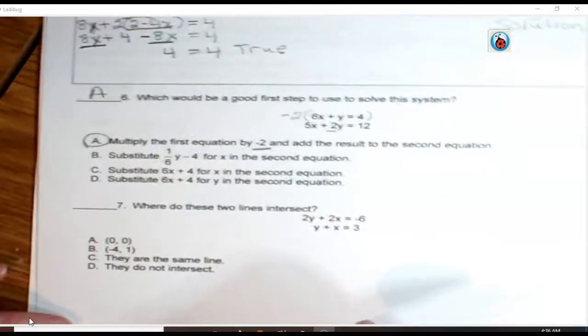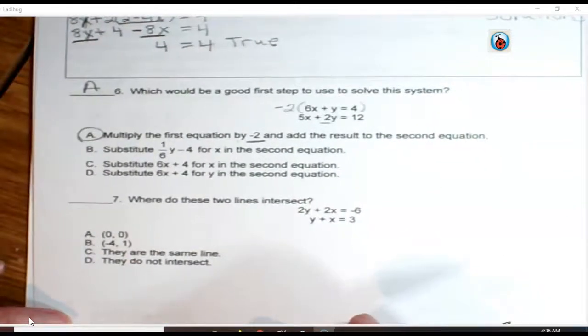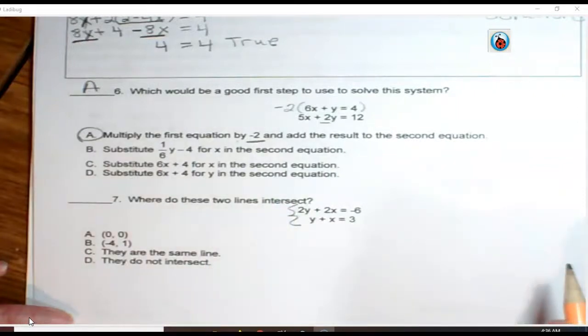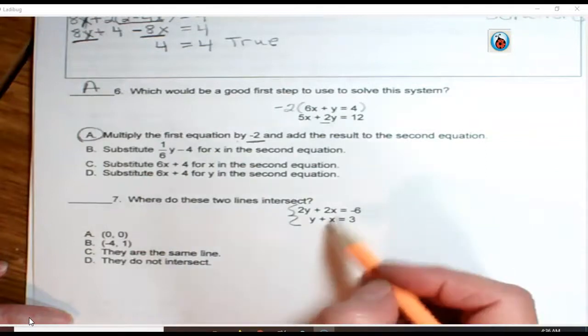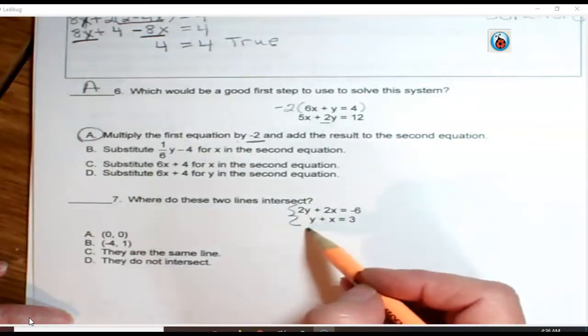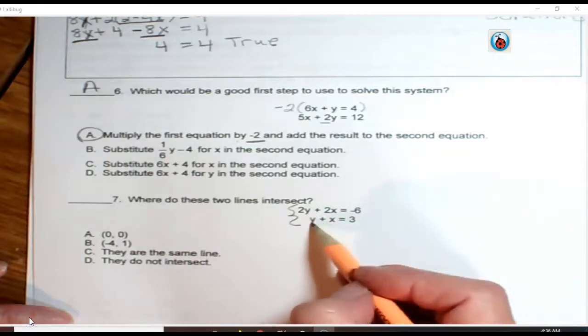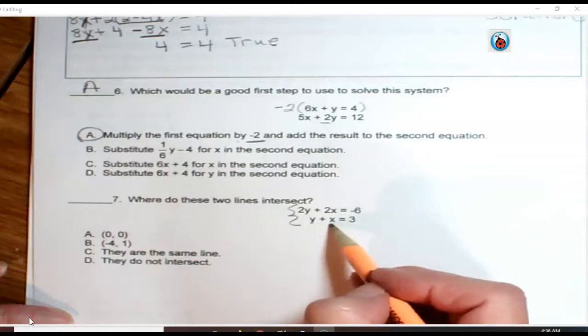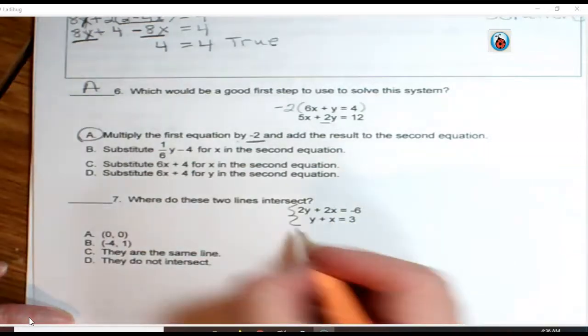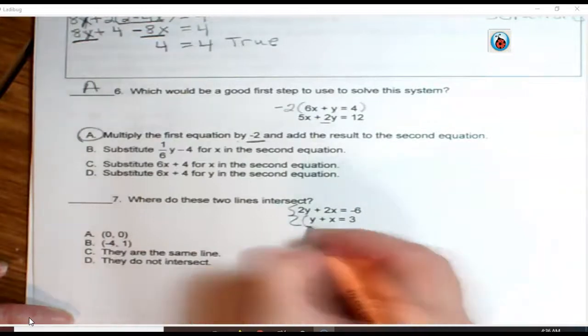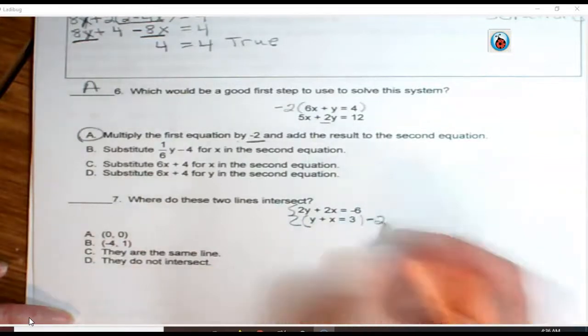Okay, where do these two lines intersect? Okay, this is a system, so I'm just trying to solve the system. You can do it any way you'd like. I'm going to look at this one, and it looks to me like it's set up for elimination, even though the x's and y's are switched, but I've got y on top of y and x on top of x. So I'm going to go ahead and multiply this bottom one right here by a -2.